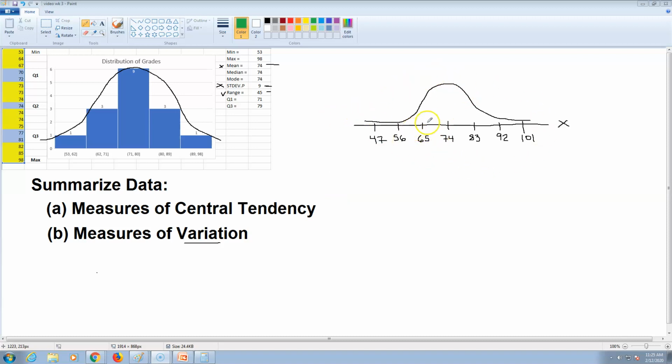Just to review again how this bell-shaped curve came. I did a number line and I put a mark in the middle. The mark in the middle is always the mean, mu. Then I put 3 marks to the right, 3 marks to the left, and I need to label those marks. The way I label those marks is using the standard deviation, in this case 9.